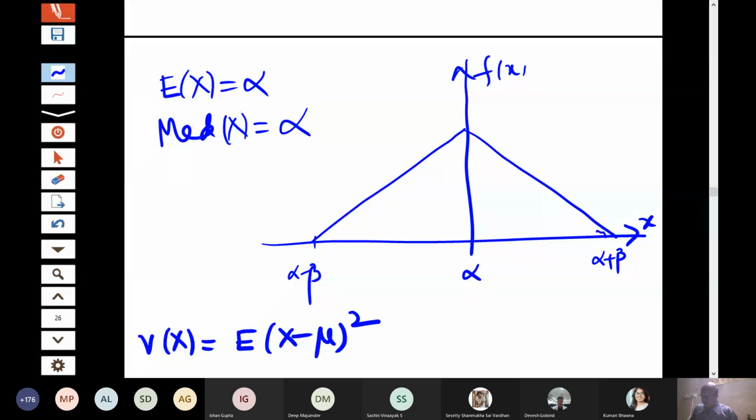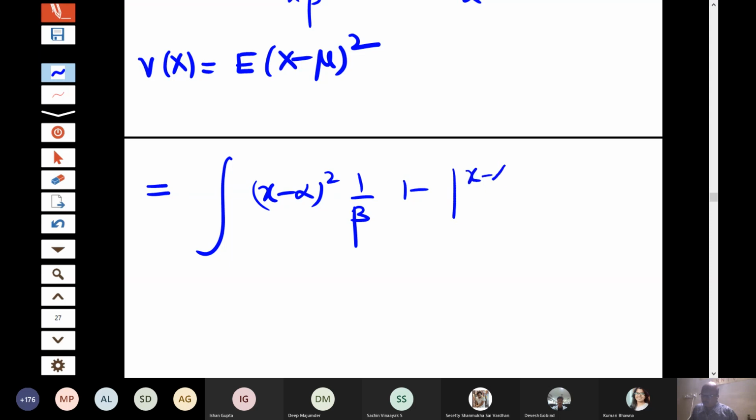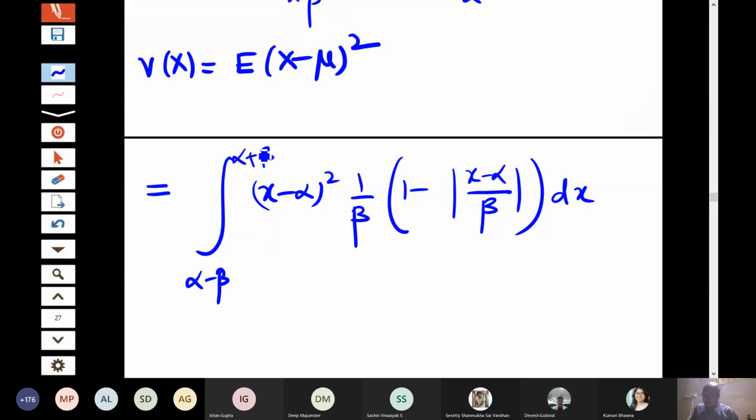So this is equal to the integral of (x minus alpha) square times 1 by beta, times 1 minus mod of (x minus alpha) by beta. This integral is from alpha minus beta to alpha plus beta.